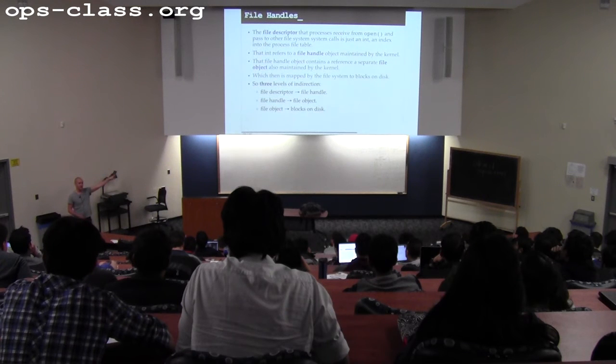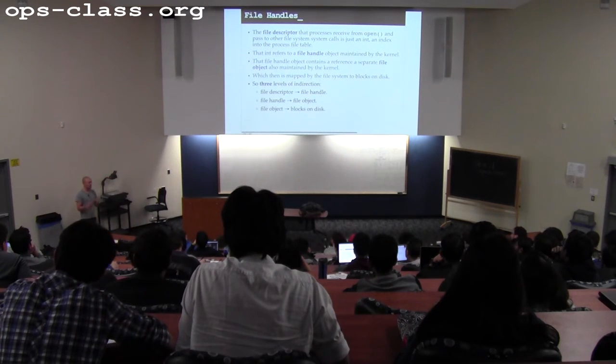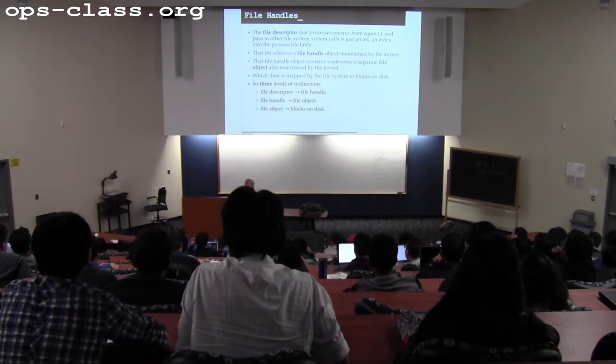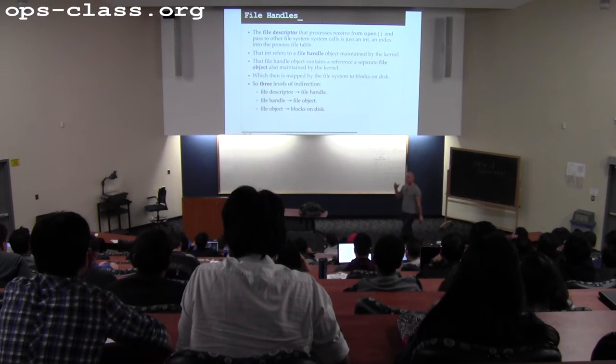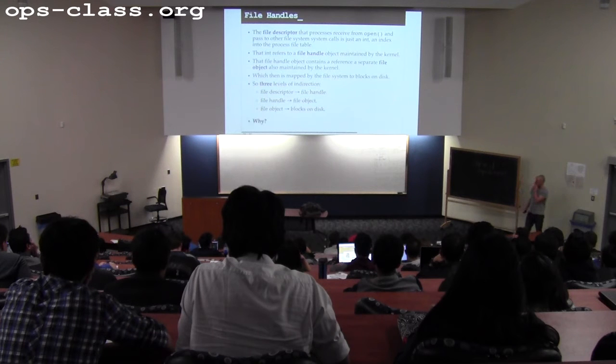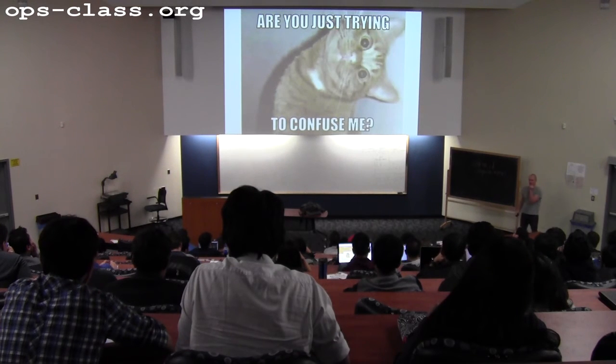So that doesn't end up in the file handle. When you try to do an operation on a file, the file system is going to check every time to make sure that you have those permissions, right? So it says, okay, does user Challen have write access to this file? If so, I can let this proceed. If not, I error out, right? But that's actually stored in the file object.